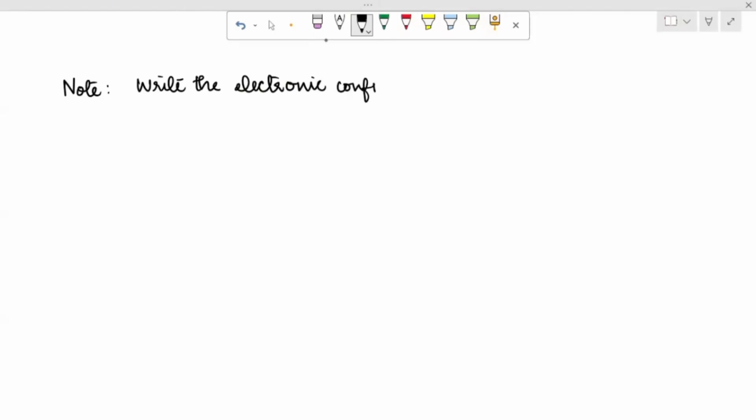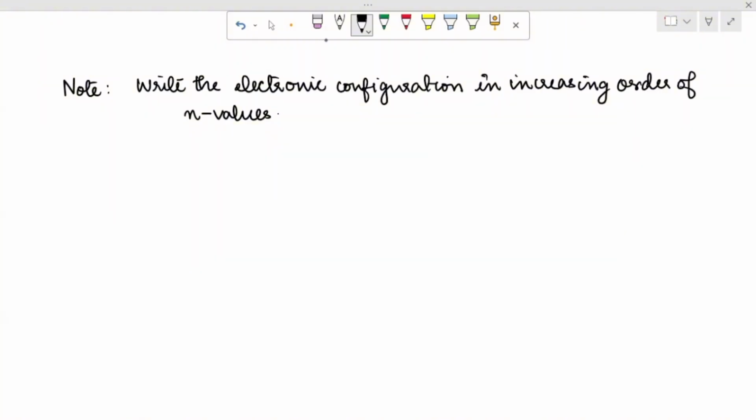Please note it along: write the electronic configuration in increasing order of n value. Very important. Okay, we'll do problems wherein you have to be careful of this rule.